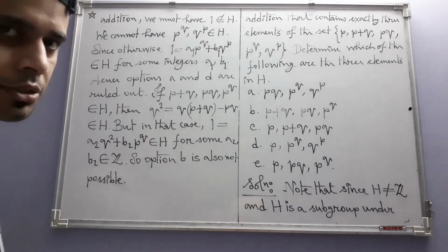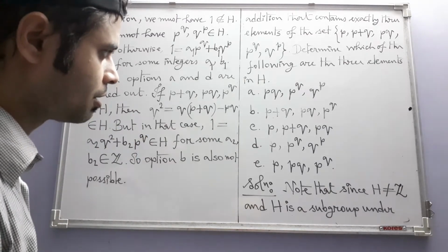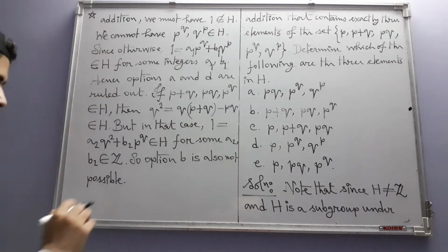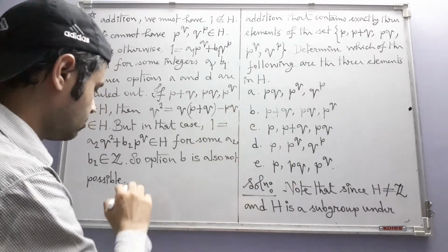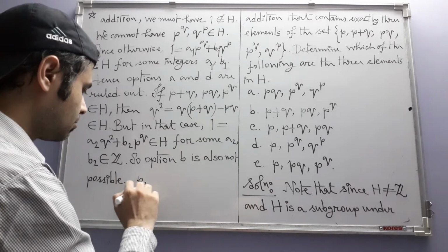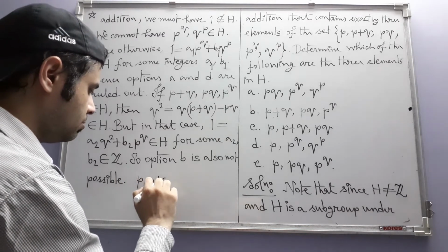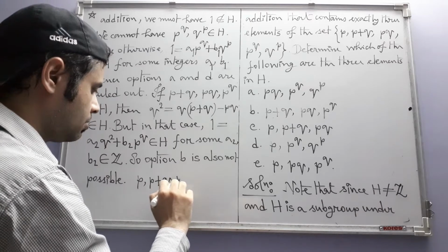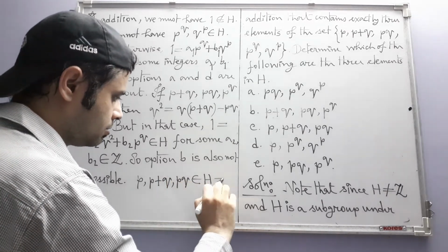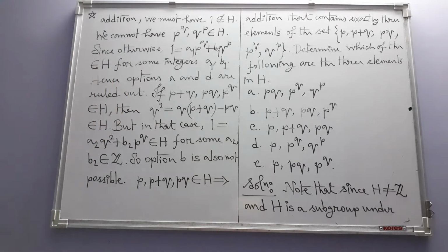You have now understood how to approach these problems. So what about C? If C is true, now I am not going to write formally, we just look at the calculation. If p plus q and pq belong to H, then what do we have?